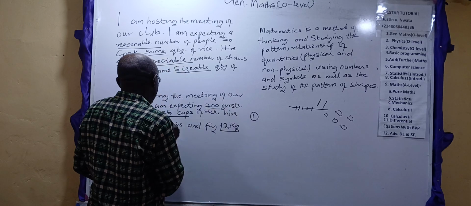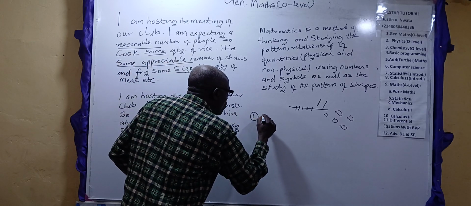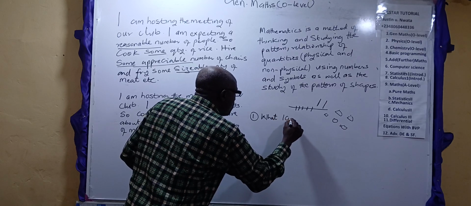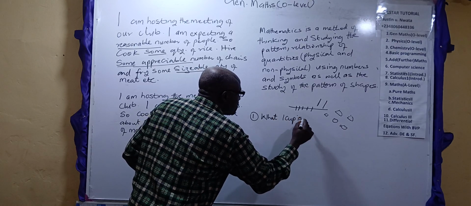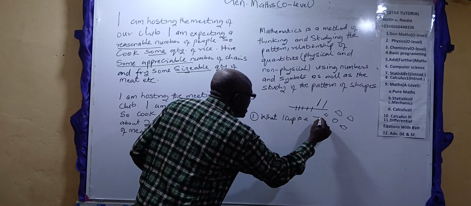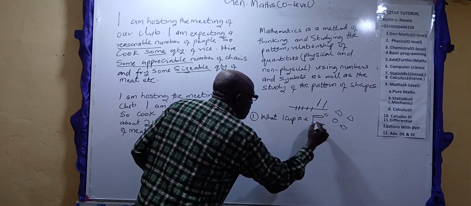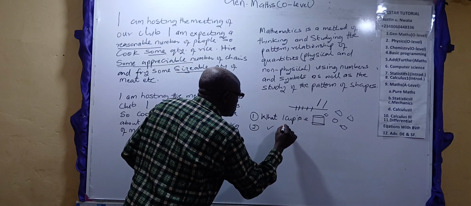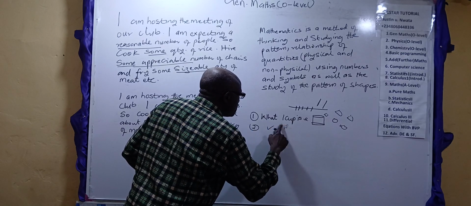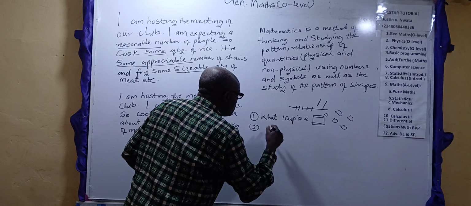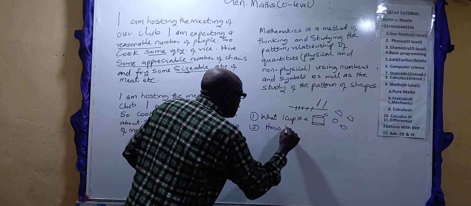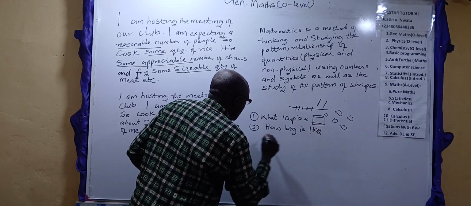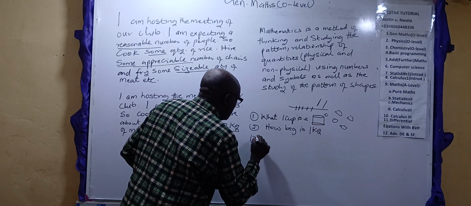1, that all over the world we have agreed on what 1 cup is, that is, the size of 1 cup. 2, how big is 1 kilogram? 3, numbers.